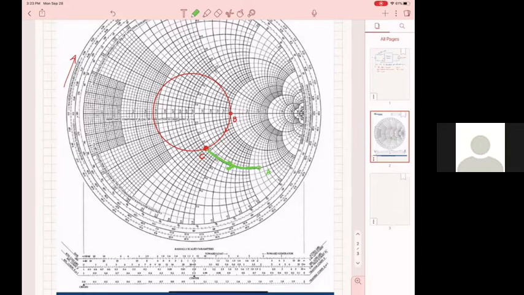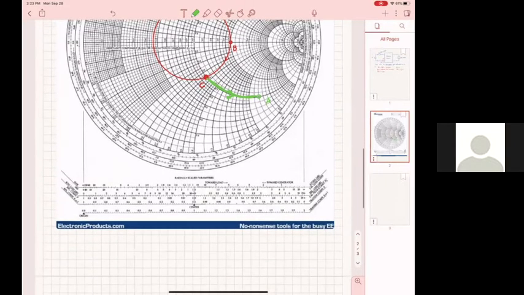So practically, it's like having the following. It's like I am here with a load.